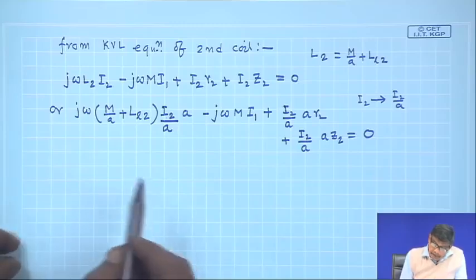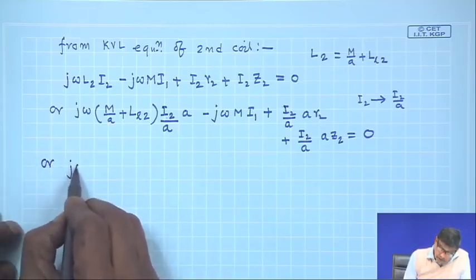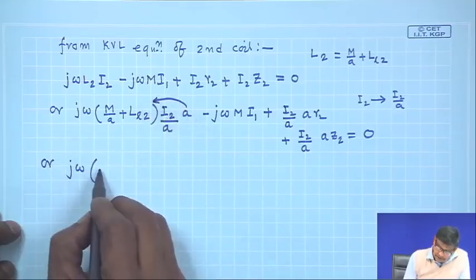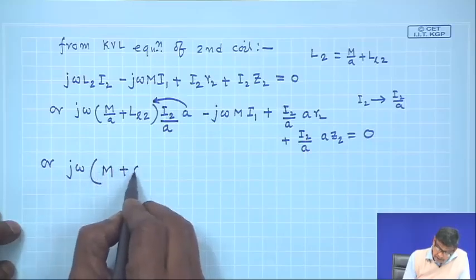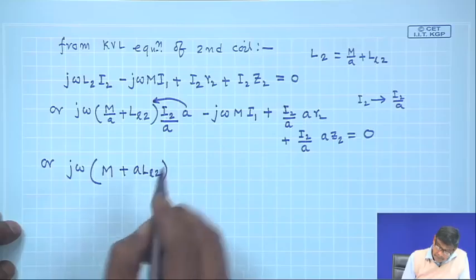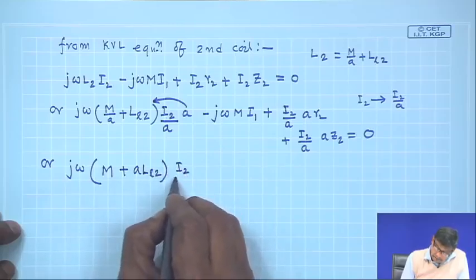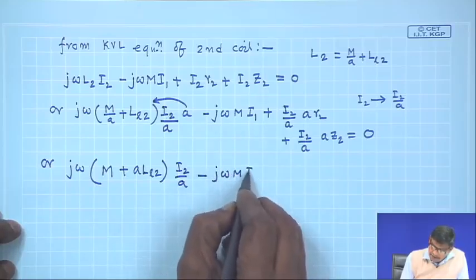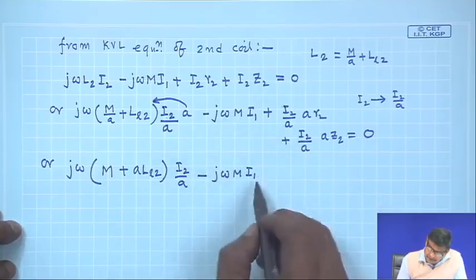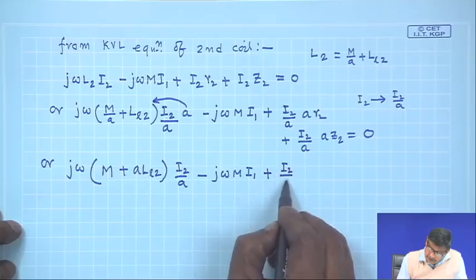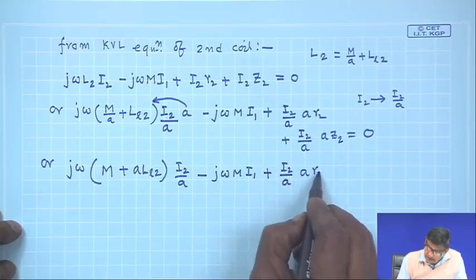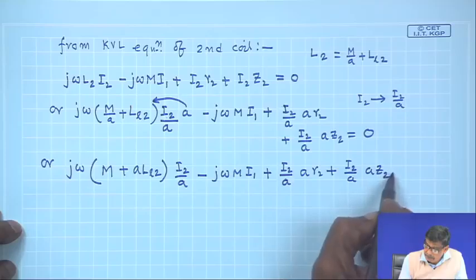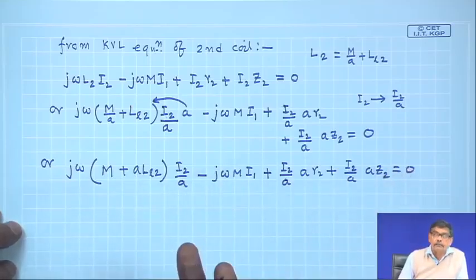Now, this small a you push inside j omega, so that it will be M plus a L L 2 into I 2 by a, minus j omega M I 1, wherever I 1 is there, do not disturb it, plus I 2 by a into R 2 plus I 2 by a into Z 2 is equal to 0. Mind you, all are complex numbers.